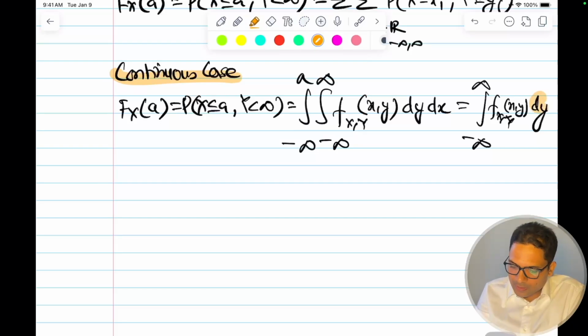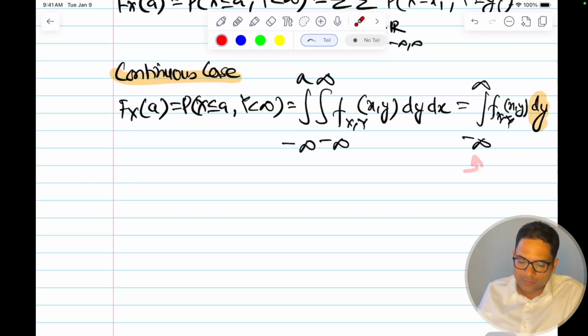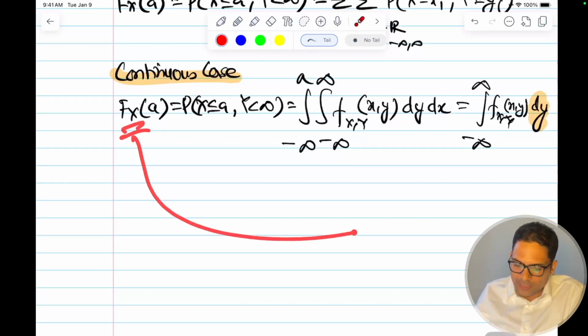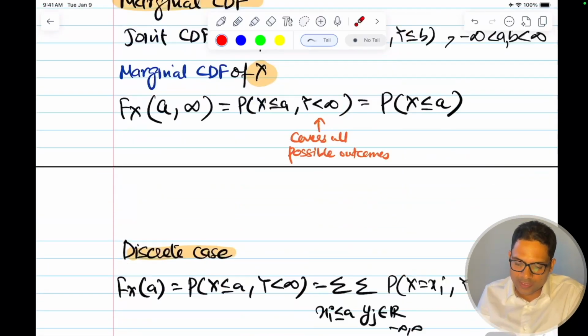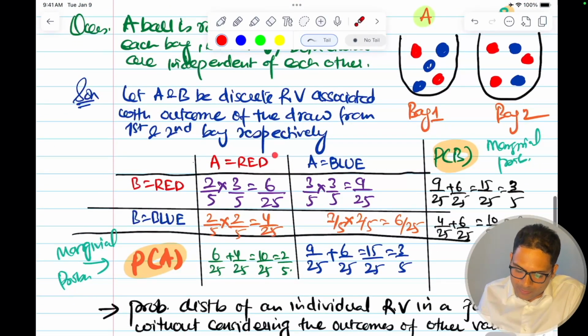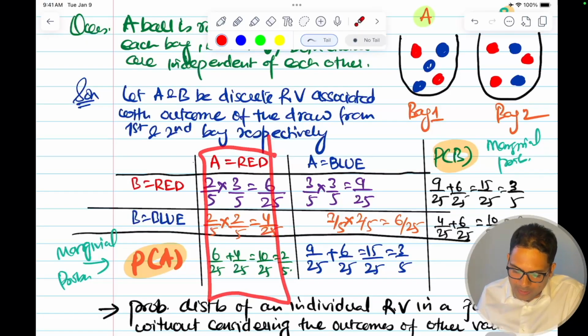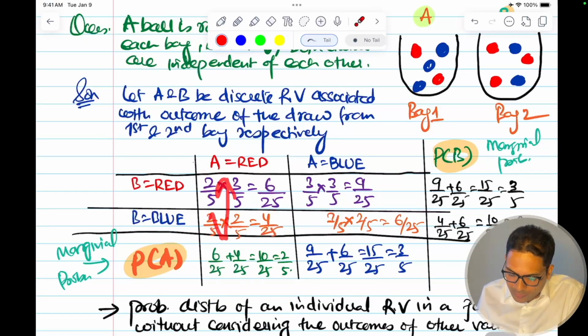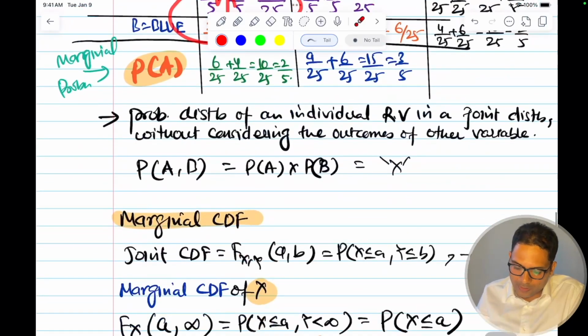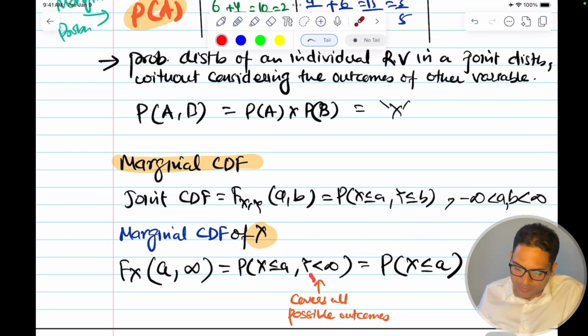Note this dy, that for finding the value of x we integrate it over the other variable. You have seen it here, right? For finding the marginal probability of a, I am summing it over the other variable. Here also, for finding the value for x, I am summing up over all the y outcomes.